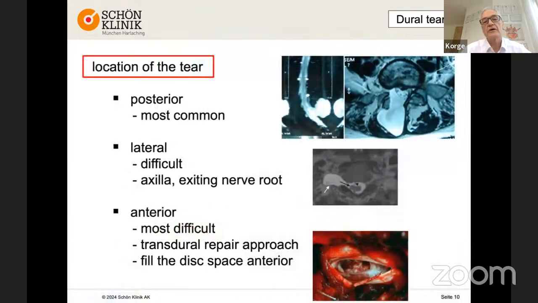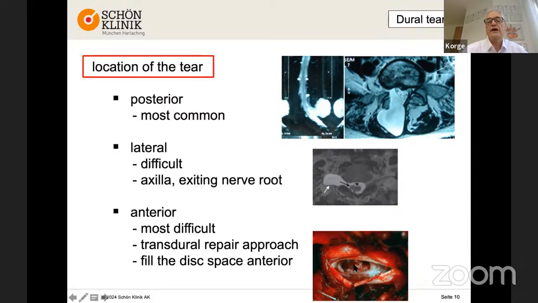So if we go now to the dural tears, the most common is the posterior dural tear, as you see here, and less frequent are the lateral ones, which usually occur in the axilla of the exiting nerve root. And if you have anterior dural tears, those are pretty difficult to solve because you can do it transdurally, as you see here, opening the dura, going through the thecal sac and on to the anterior part.